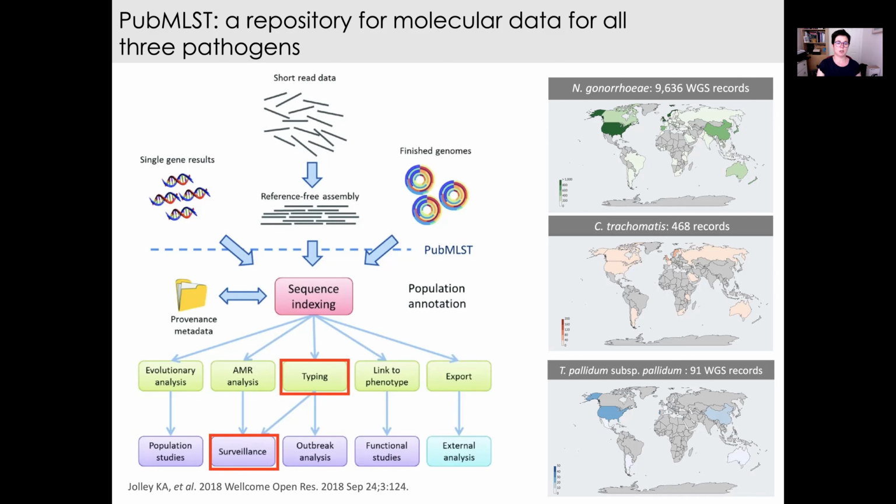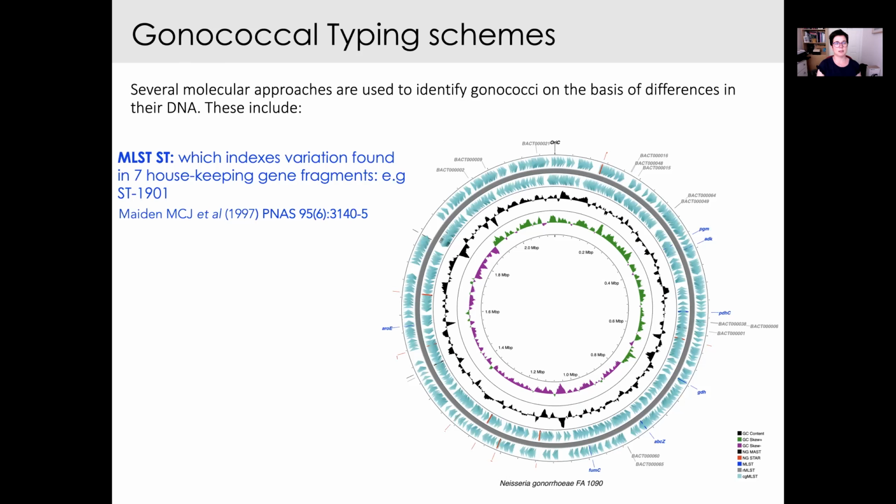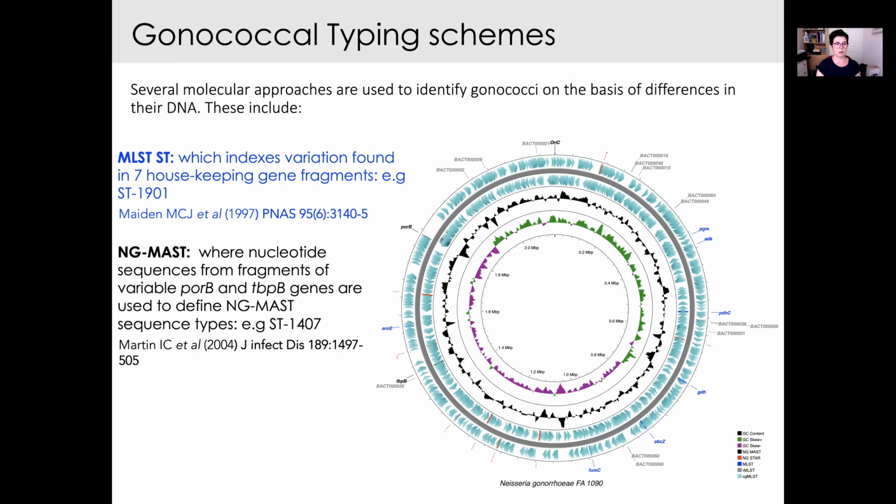There are lots of different typing schemes for these three bacterial species present in PubMLST. For the gonococcus, there are three different typing schemes. There's the MLST sequence types, which was first developed for Neisseria meningitidis, a close relative of the gonococcus, and indexes variation found in 7 housekeeping genes. There's NG-MAST, where we're looking at fragments of variable antigens, porB and tbpB.